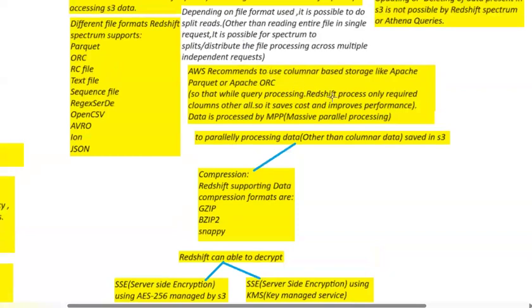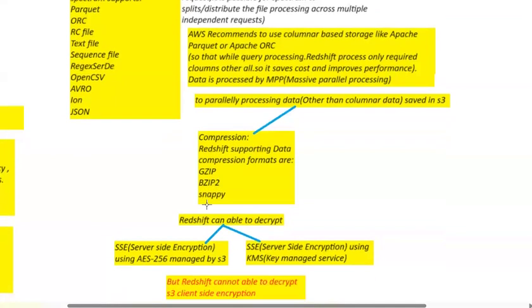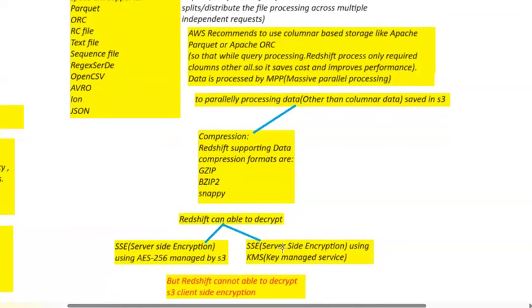Now, to process in parallel, if the files are in compressed format and encrypted in these two ways, then your data is processed in parallel by Redshift.